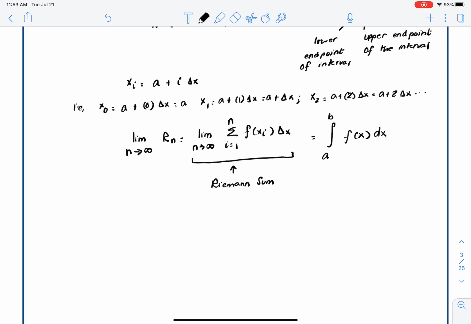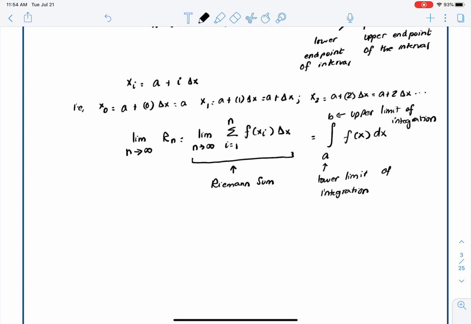And clearly a is the lower limit of integration, and b is the upper limit of integration. So anytime we talk about a definite integral, we are referring to the Riemann sum.